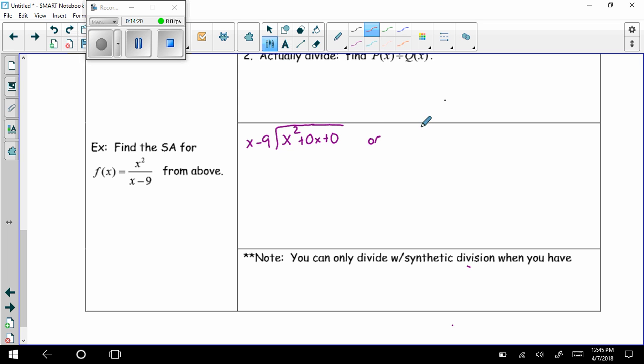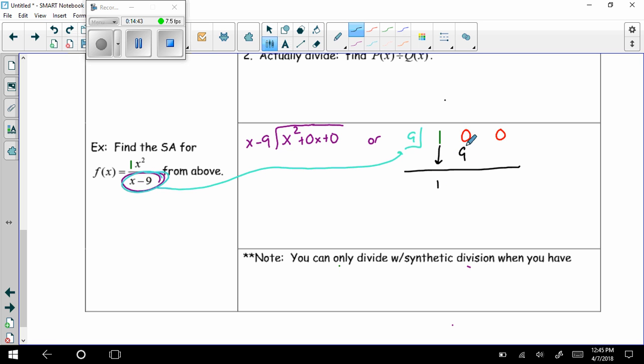Or we would take the denominator and positive 9 would go there. And our coefficients would be 1. And then our two placeholders would be 0x and 0. And so we would kick back into this process. 1 multiplied times 9, add down, multiplied times 9, 81, add down. And so our remaining would be x plus 9 plus 81 over x minus 9.